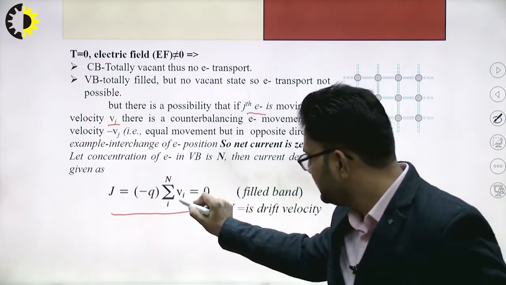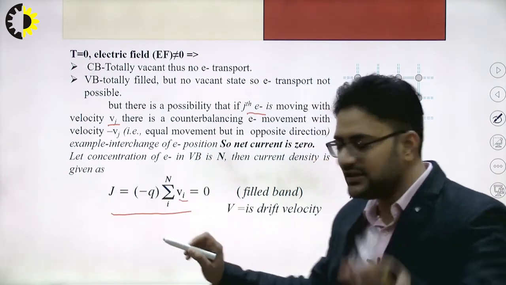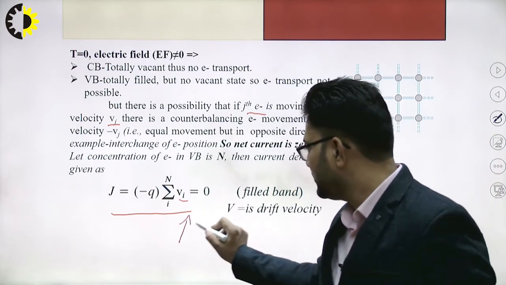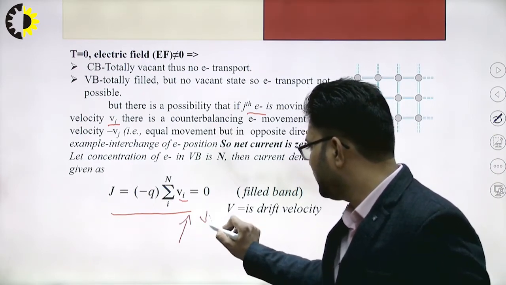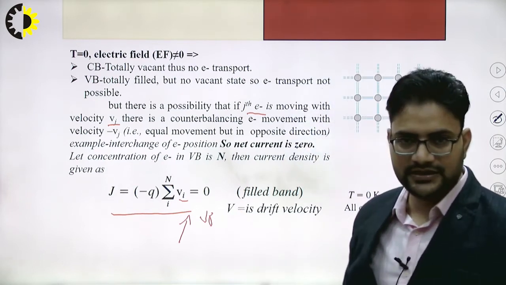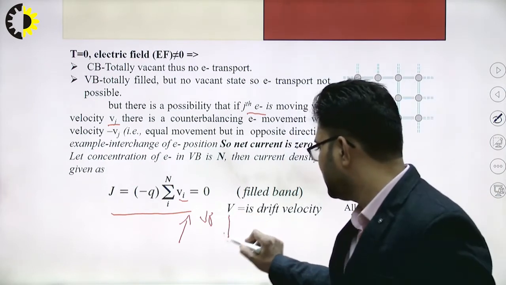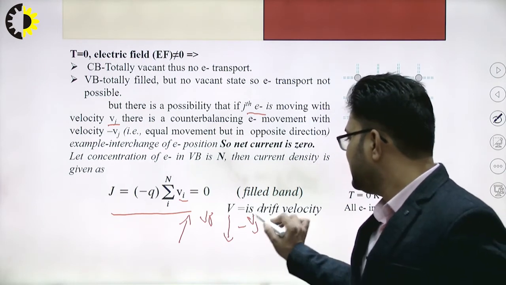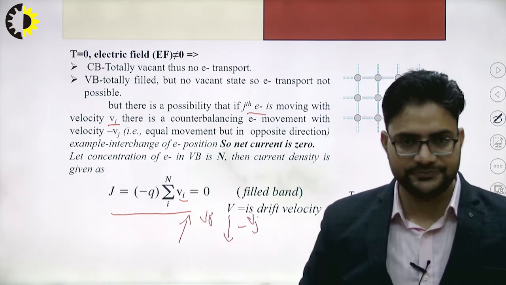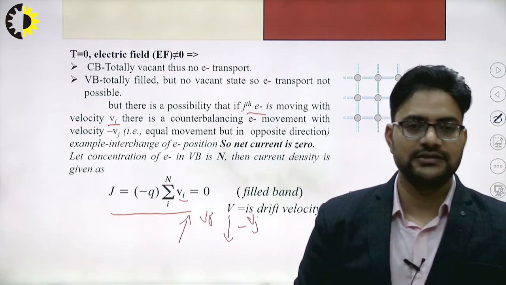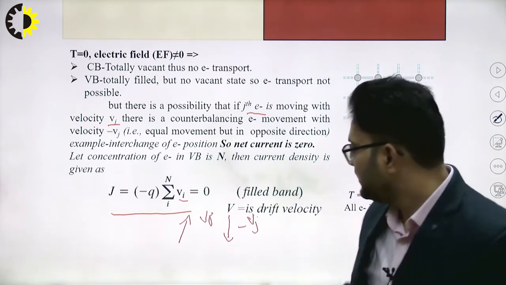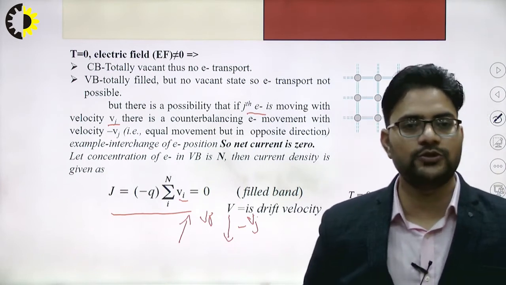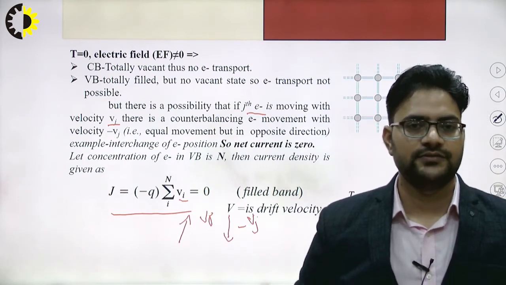Because if the jth electron is moving in this direction with velocity Vj, another electron will be moving in the opposite direction with velocity minus Vj, such that the sum of all the velocities will cancel out. So the current density J will be equal to 0 in this case.